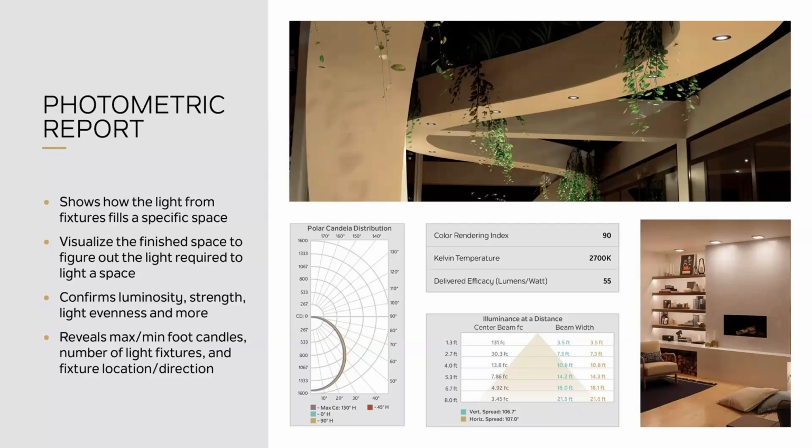So if a bulb is meant to emit about 270 lumens and it has a delivered efficacy of 55 or better, then the bulb is actually emitting close to 270 lumens, just as it's promised. But anything below 55, it may not. So again, those are the three elements that I really want you to focus on whenever you request a photometric report. It's the CRI, the Kelvin temperature, and the delivered efficacy.